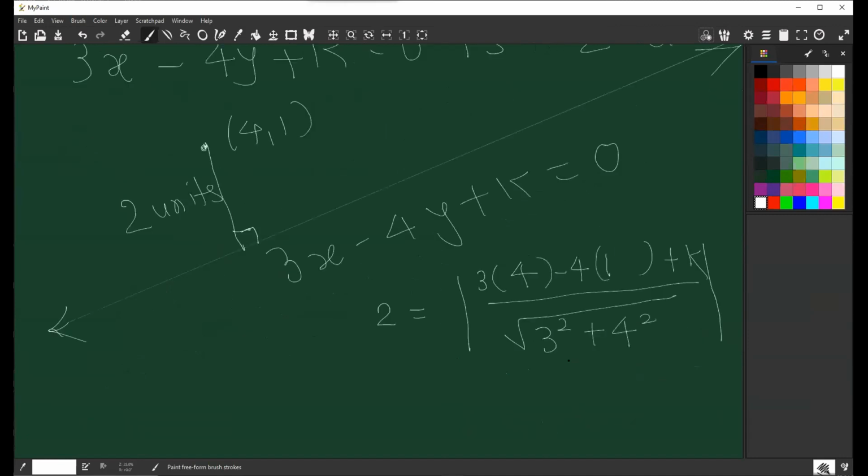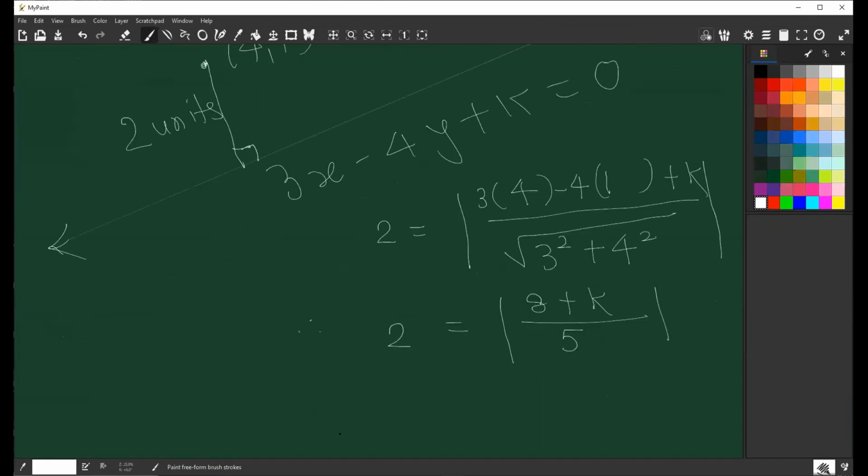Correct? So you get 2. This is 12 minus 4, that is 8 plus k upon ये आया मेरा 5. You can multiply by 10, you can write plus or minus, 8 plus k.